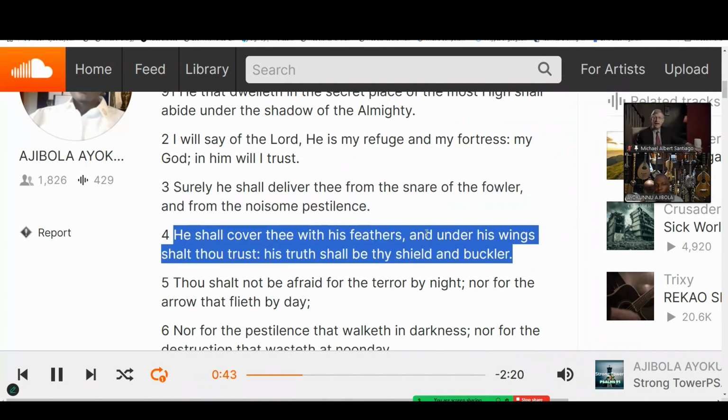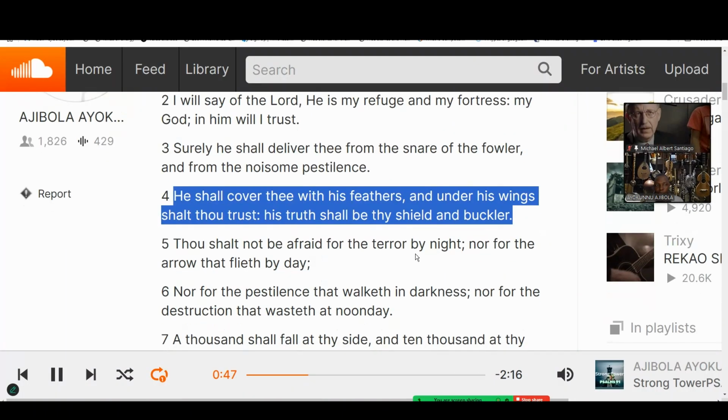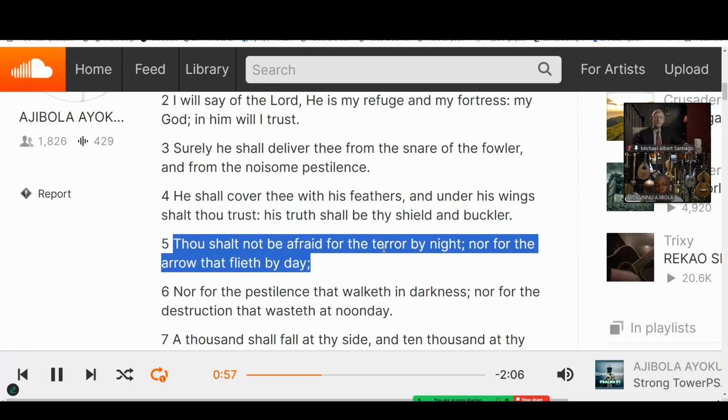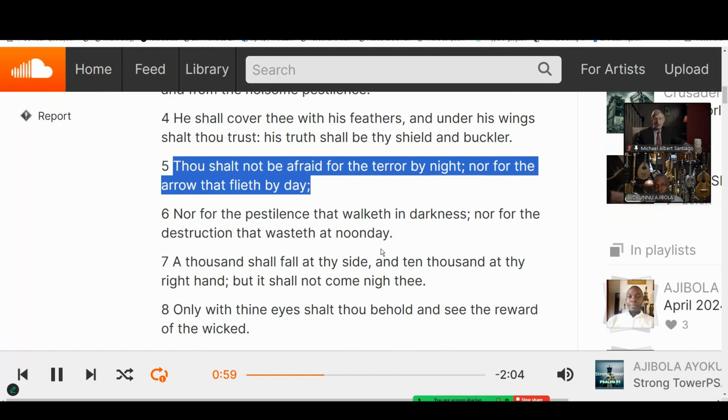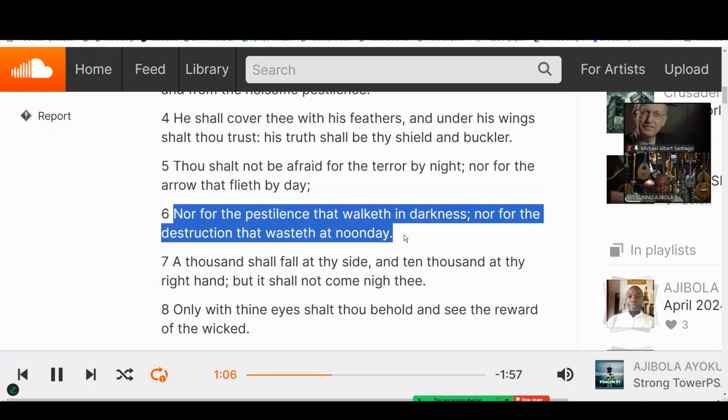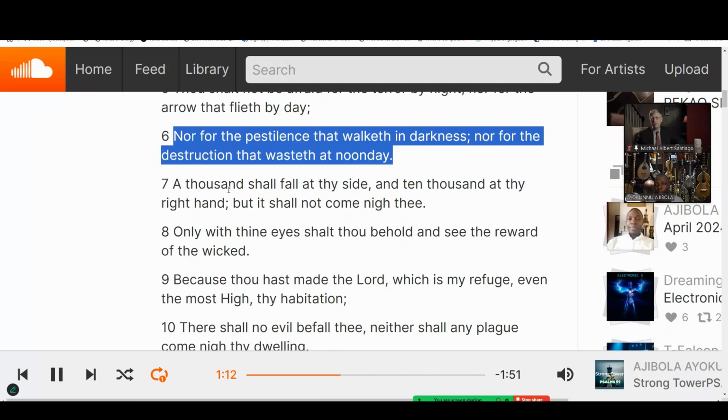He shall cover thee with His feathers, and under His wings shalt thou trust. His truth shall be thy shield and buckler. Thou shalt not be afraid for the terror by night, nor for the arrow that flieth by day, nor for the pestilence that walketh in darkness, nor for the destruction that wasteth at noonday.